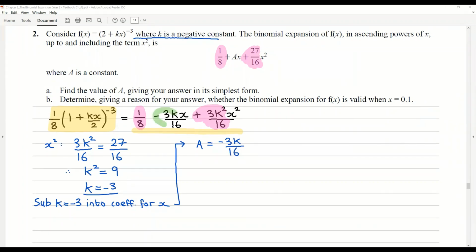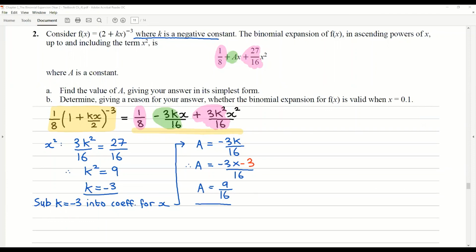So negative 3k over 16 is positive a. Substituting k equals negative 3, a equals negative 3 multiplied by negative 3 divided by 16. And we get 9 over 16 for our a value. So that's the end of part A.